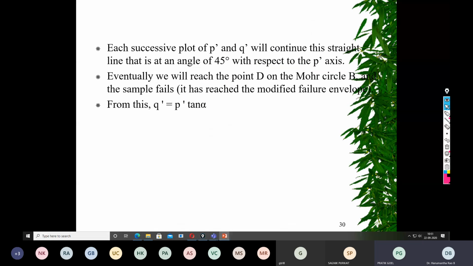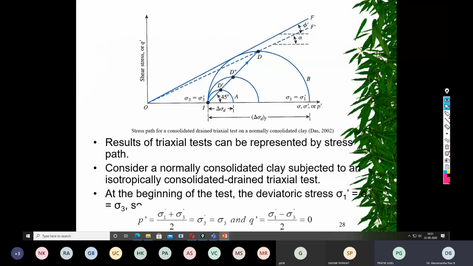Sir, in this Mohr-Coulomb failure diagram which you showed, we are reaching D after which the failure takes place by Mohr. Yeah, at D failure takes place. No, below.